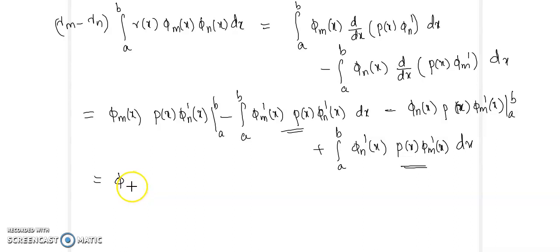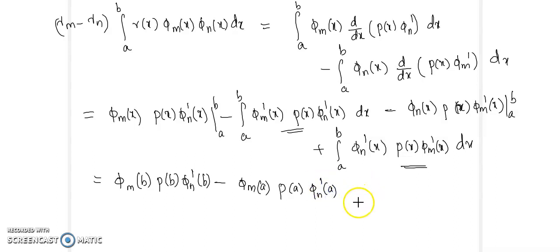So let us apply the limits. You will get phi m of b, p of b, phi n dash of b minus phi m of a, p of a, phi n dash of a.